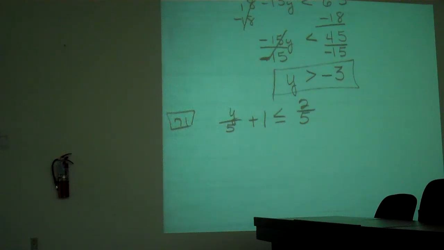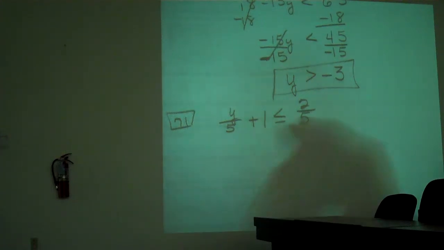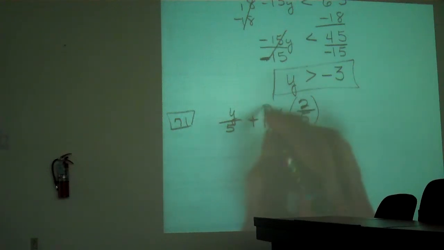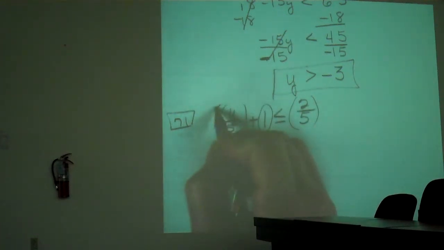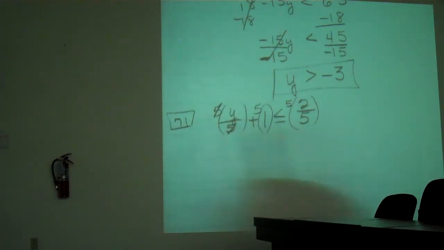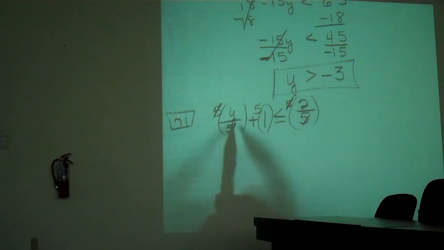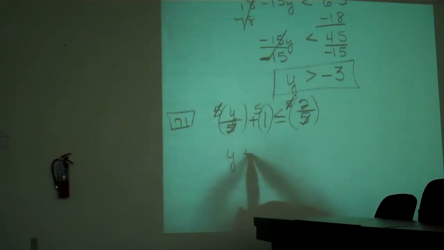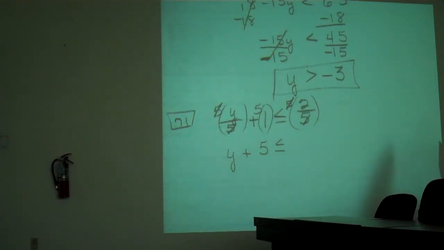Common denominator is 5, right? Let's multiply everything by 5 so that we get rid of our fractions right away. These cancel, and these will cancel. So this leaves you y plus 5 times 1 is 5, is less than or equal to 2.